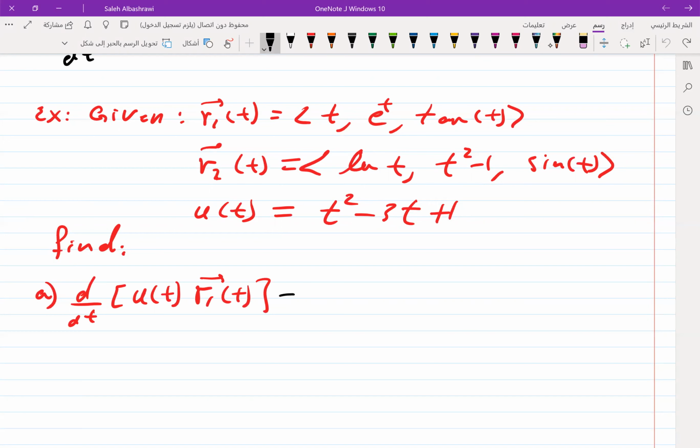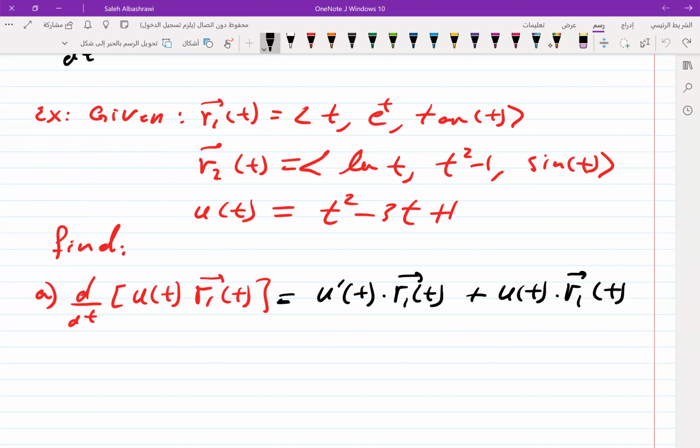The derivative is equal to u prime of t multiplied by r1 of t plus u of t multiplied by the derivative of the first vector valued function.